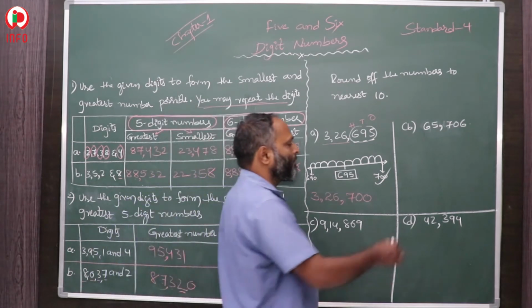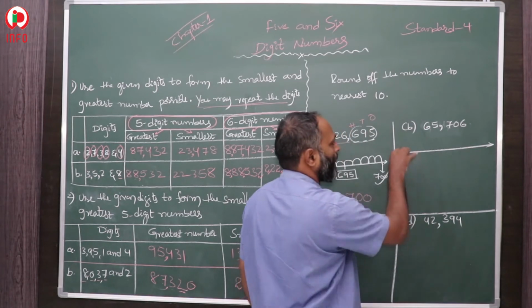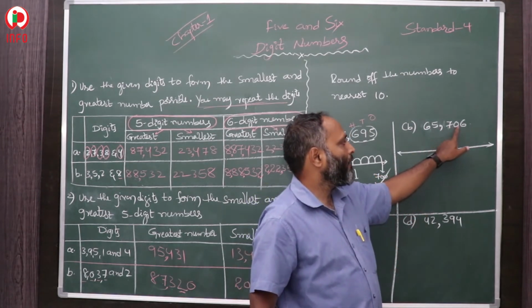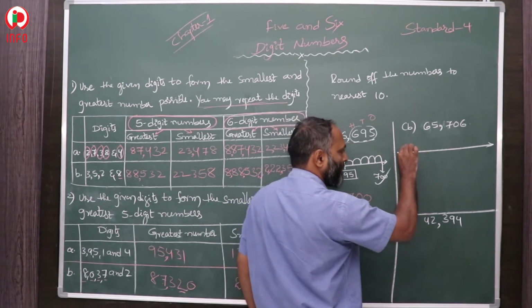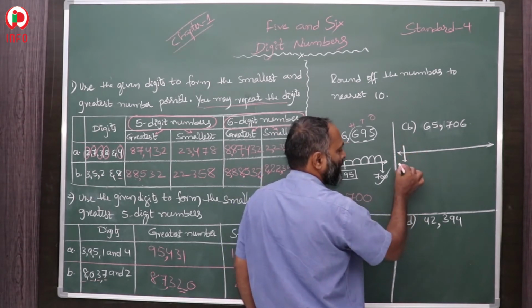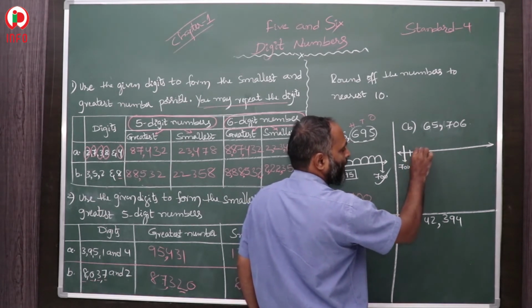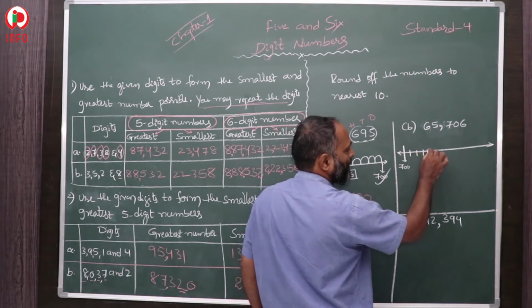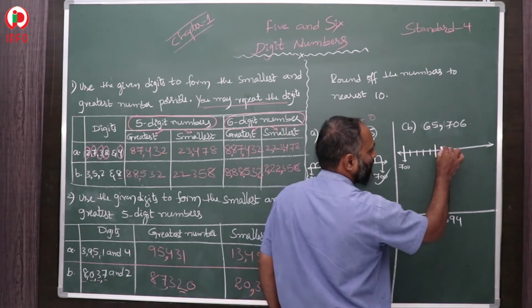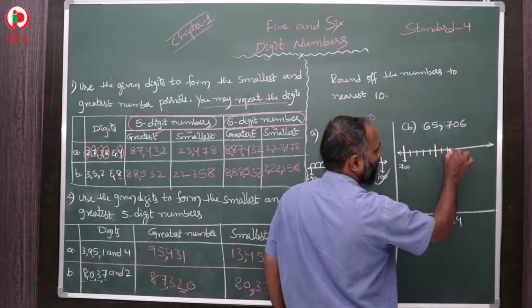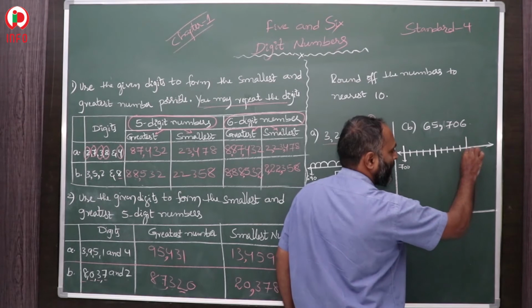In the same way, here 706 is there. 706 means you start from 700: 700, 701, 702, 703, 704, 705, 706, 707, 708, 709, 710.